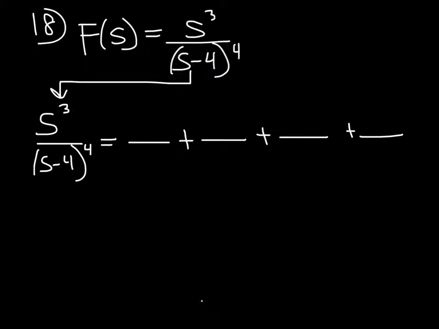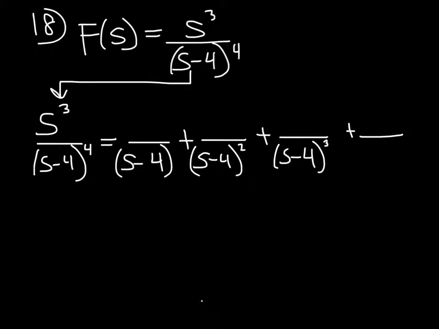So the way we rewrite this sum is we start with s minus 4 in this case, and then you just go up. So s minus 4 squared, then s minus 4 cubed, and s minus 4 to the fourth. If you wanted to go in descending order, you could.